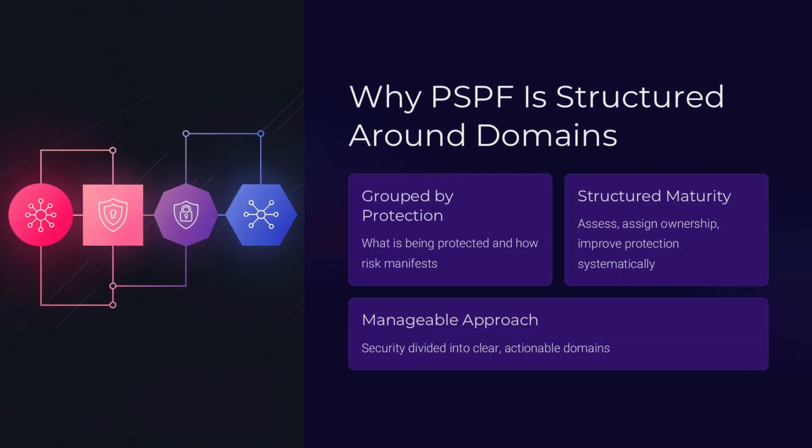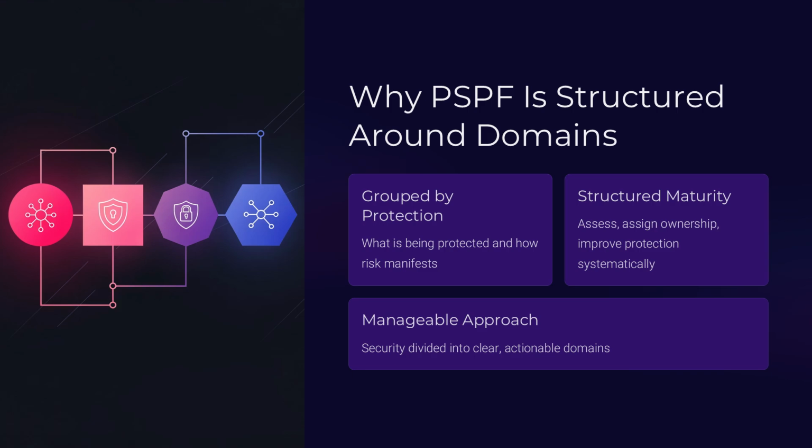PSPF is divided into 4 core domains, and this is intentional. Rather than grouping controls by technology or department, PSPF groups security by what is being protected and how risk manifests. These domains reflect the reality you explored in Lecture 1. Threats do not target just systems.